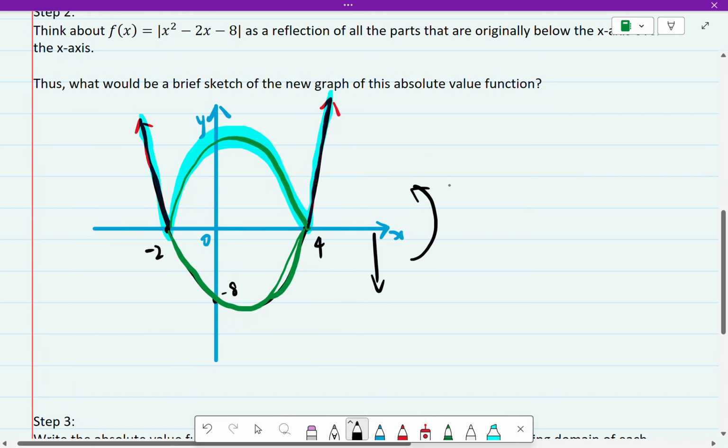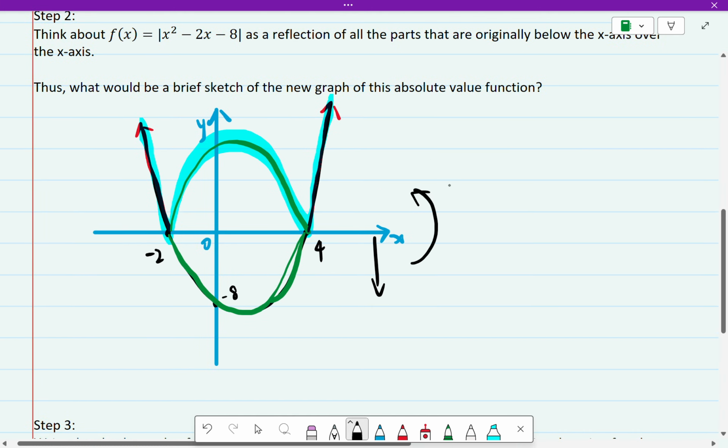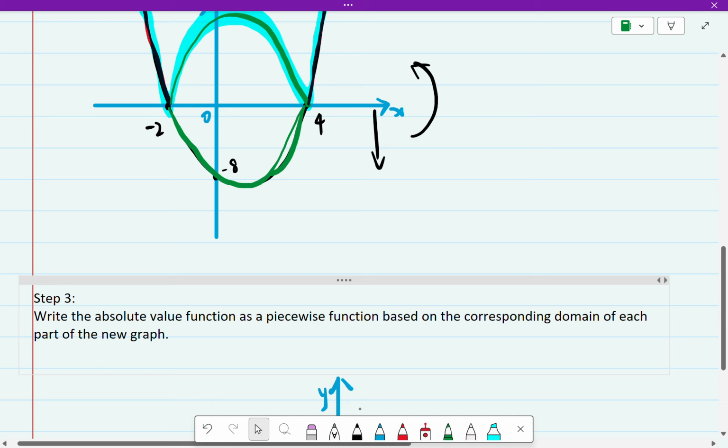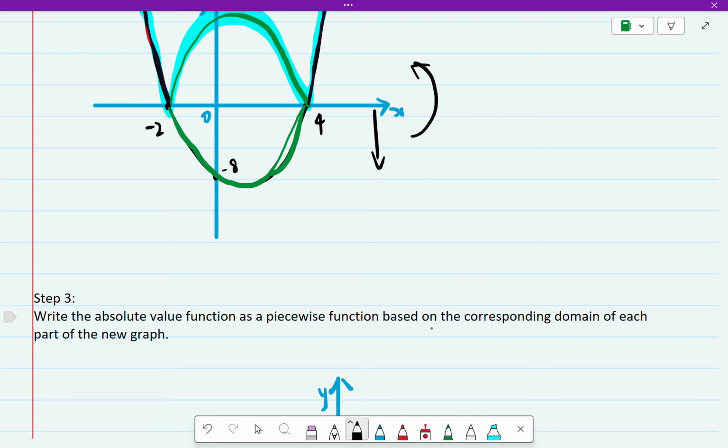After this step, we will have something like this, which is a brief sketch of the absolute value function. But this is not the piecewise function yet. So our third step will be to write the absolute value function as a piecewise function based on the corresponding domain of each part of the new graph.